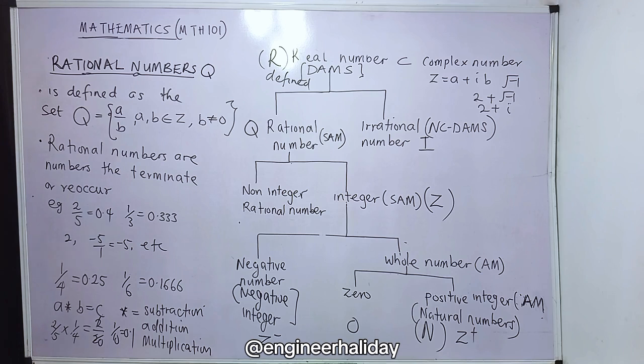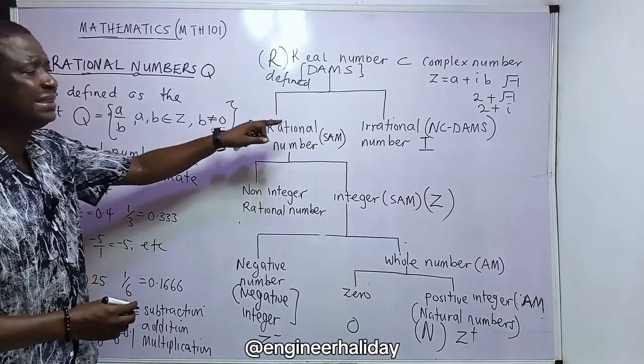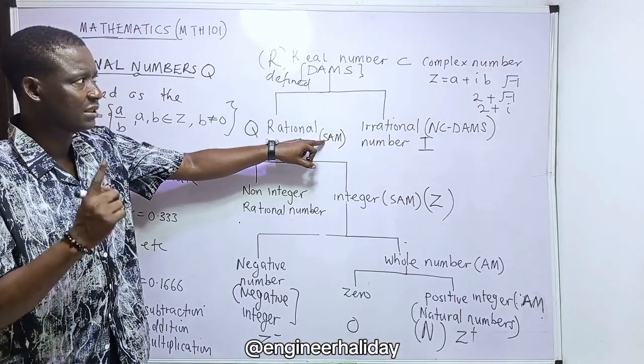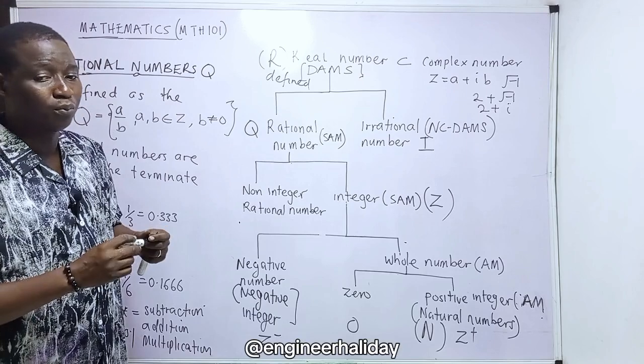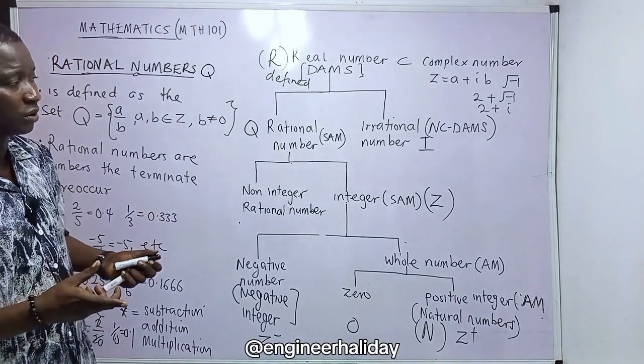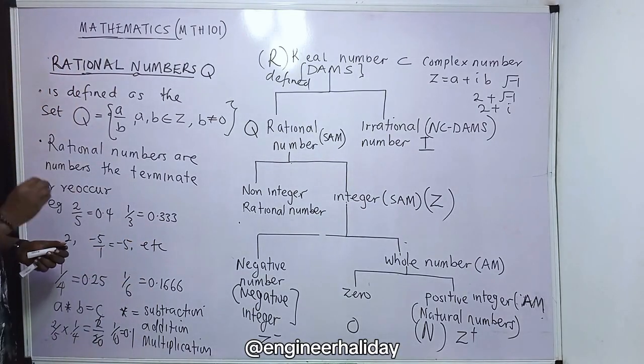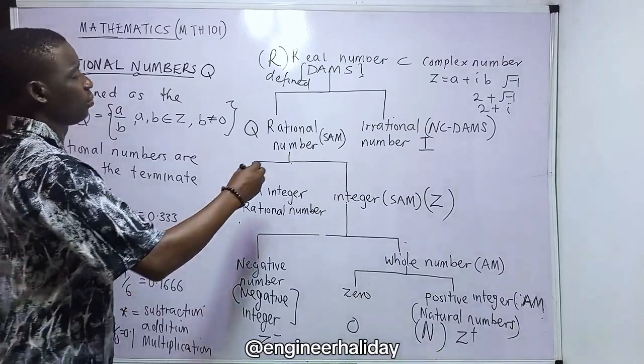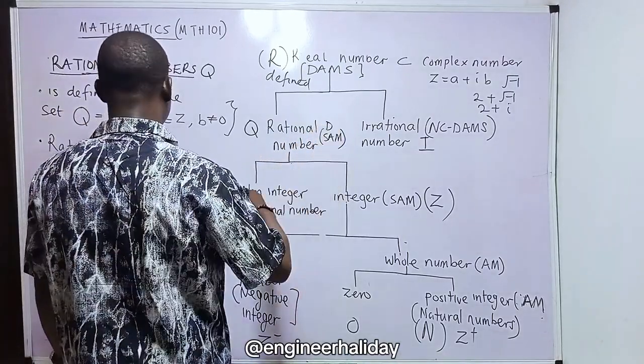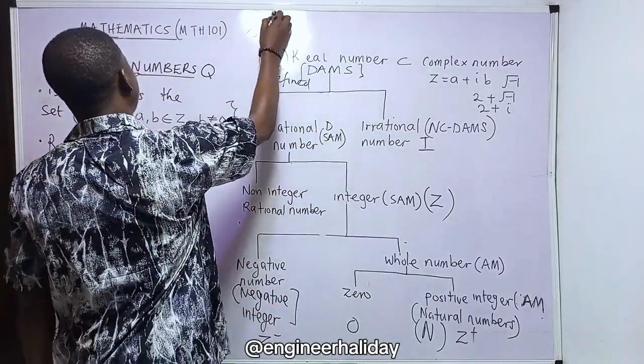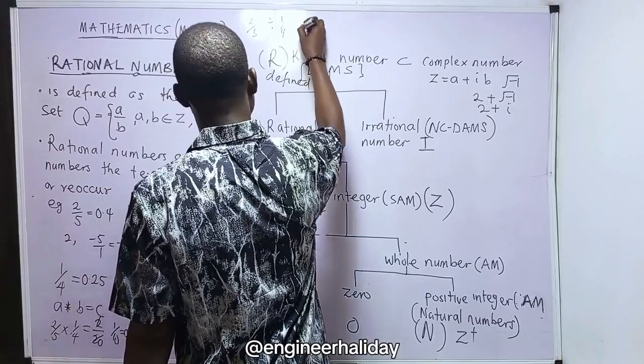Now what about division? Why we don't put division most of the time is because there is a catch. Somebody can say, Mr. Ejida, what about division? Let's say we have 2/3 divided by 1/4. Yes, it's closed.